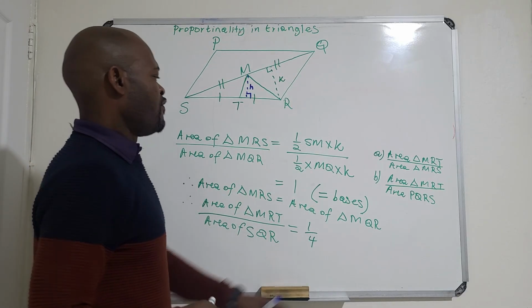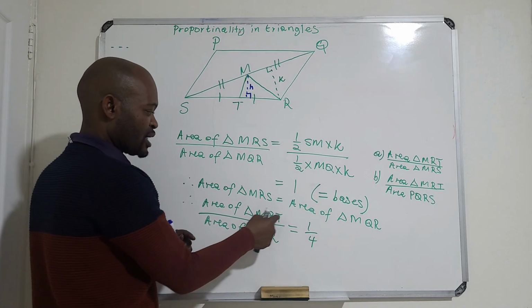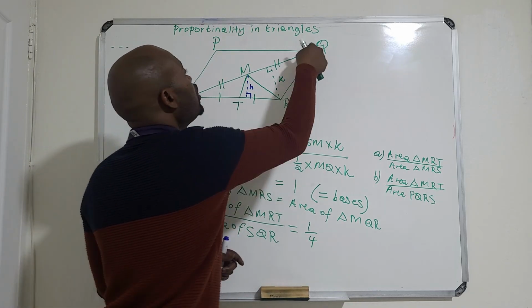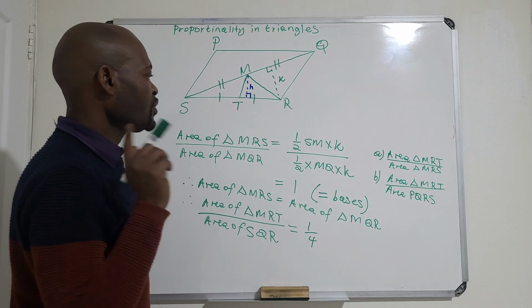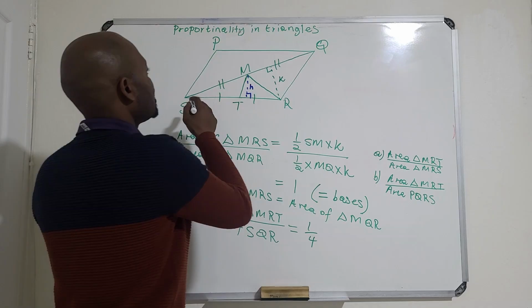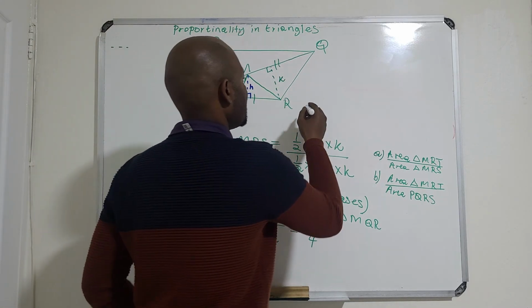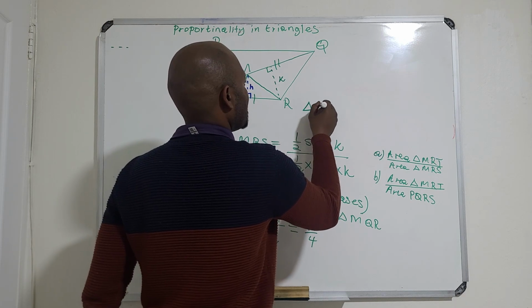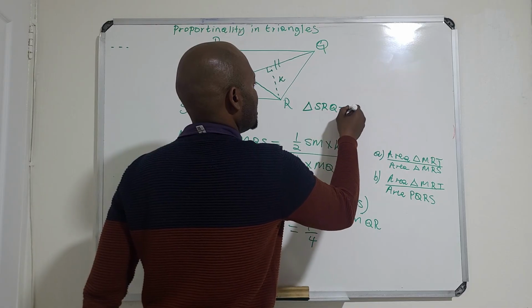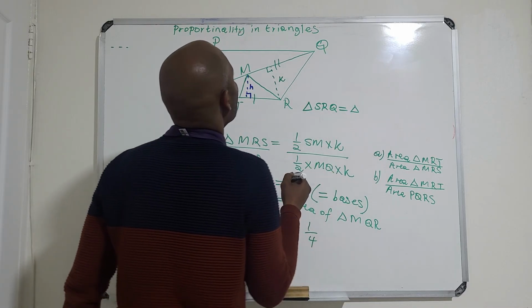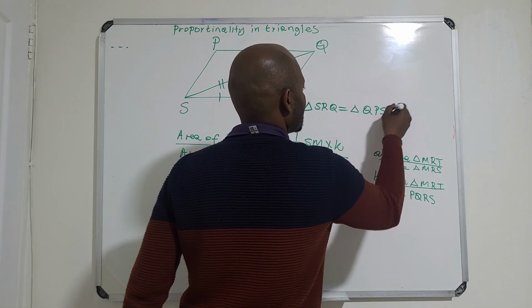Now, for us to find the area of triangle MRT over the whole parallelogram, we know that triangle SRQ is equal to triangle QPS.